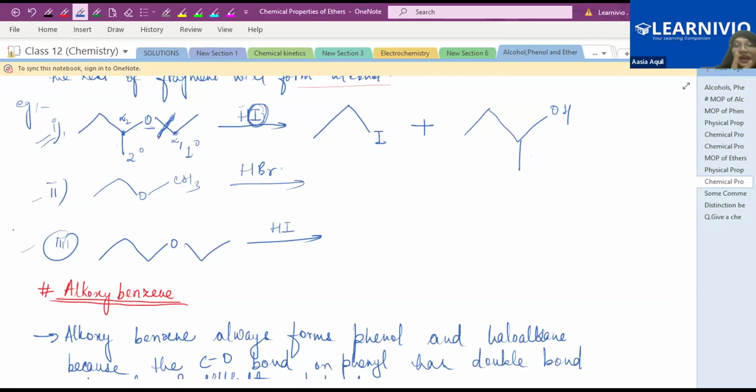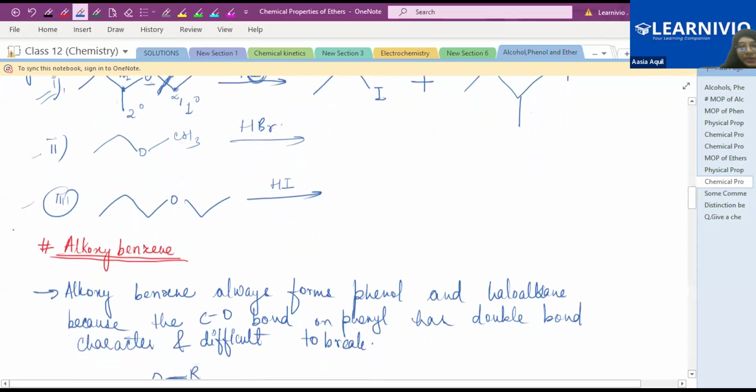And if both are primary, then you have to choose the less hindered, and less hindered means the lesser number of carbons. The one with fewer carbons will form the haloalkane, and the remaining fragment will form the alcohol. Just quickly do question number second and third.